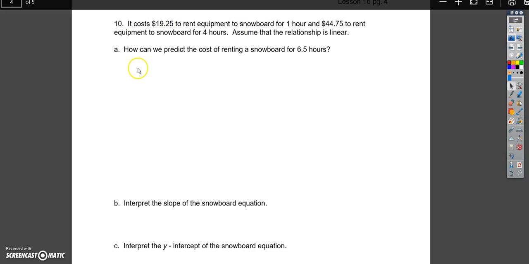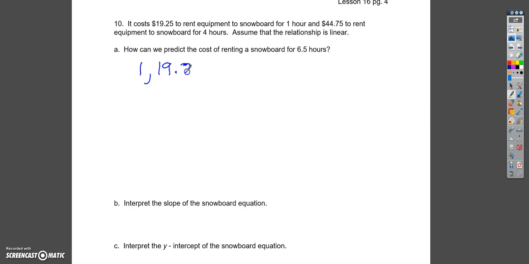So for 1 hour, the cost is $19.25. For 4 hours, the cost is $44.75.